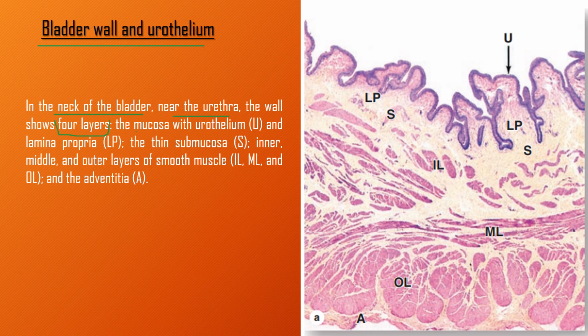The first one is the mucosa, the second one is the submucosa, the third one is the smooth muscle, and the fourth one is the adventitia. As you can see, adventitia, smooth muscle, then the submucosa, and this is the mucosa. Got it? Four layers.